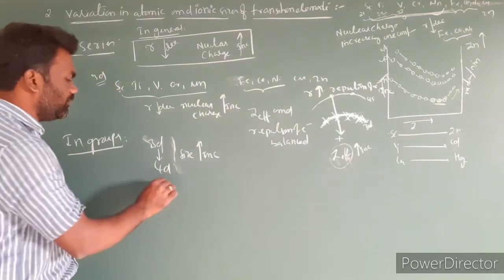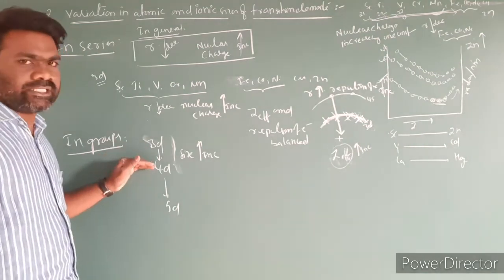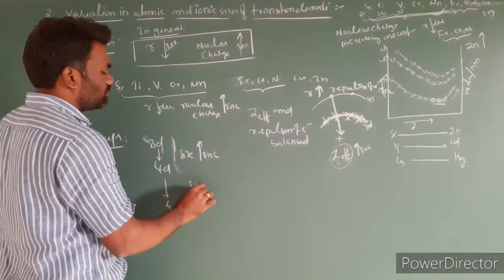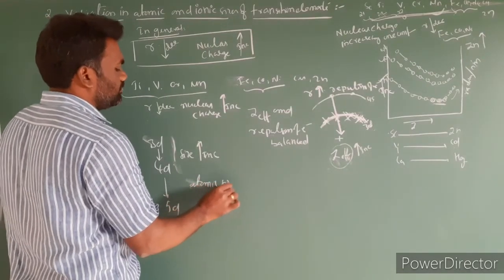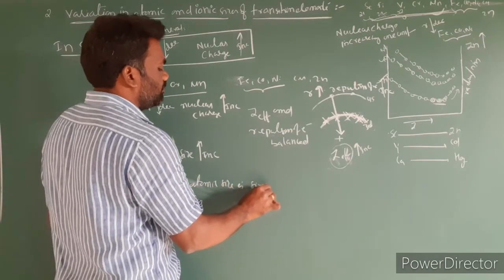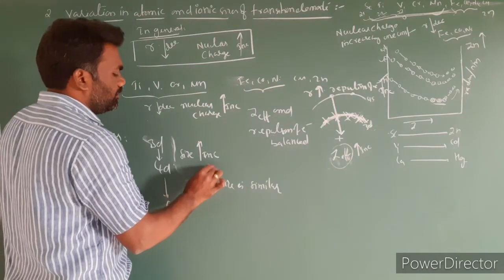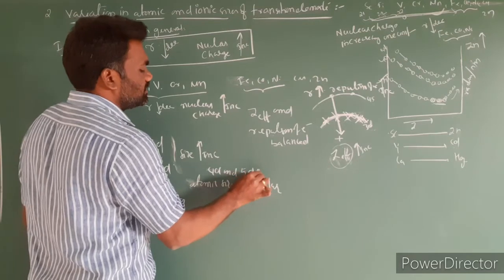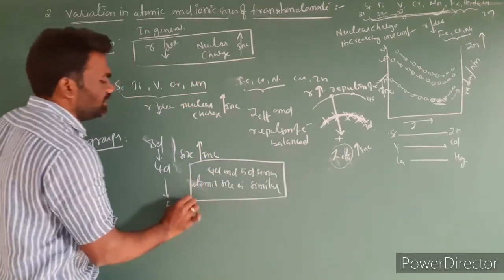But from the 3d series to the 4d series, and 4d series to the 5d series, the atomic size is similar. So for the 4d and 5d series, sizes are similar.